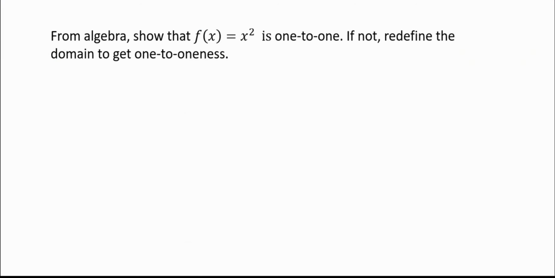Now let's look at just borrowing something from algebra. From algebra, show that this function f, this parabola, is one-to-one. If it's not, then redefine the domain to get one-to-oneness.